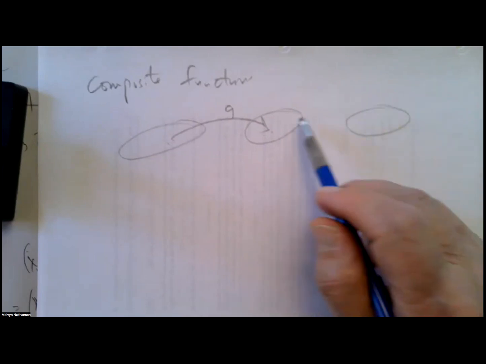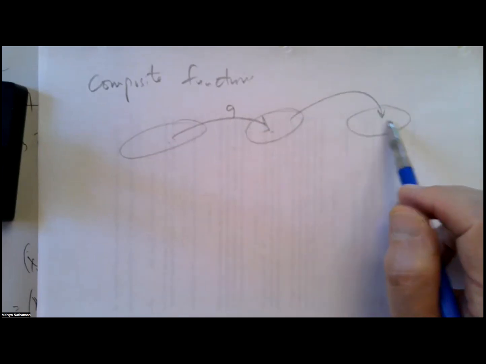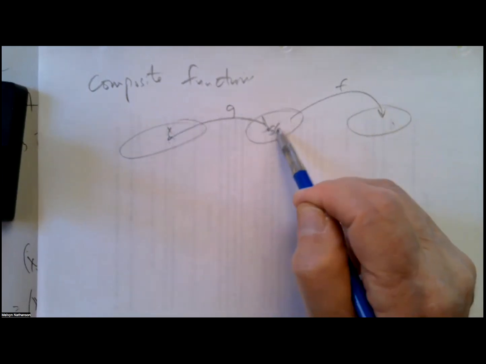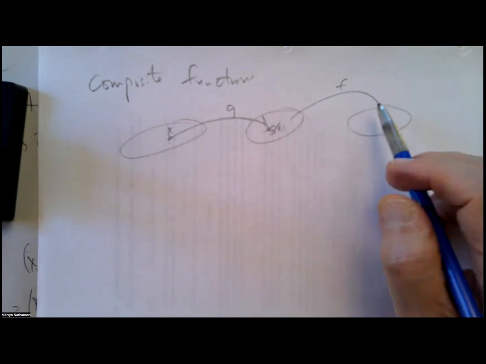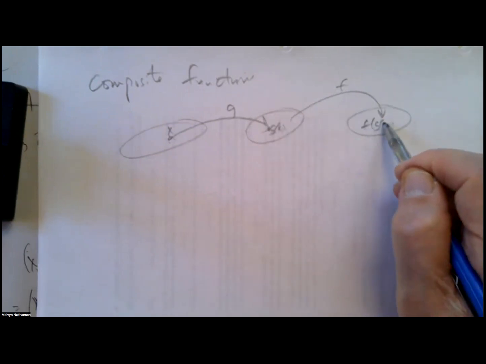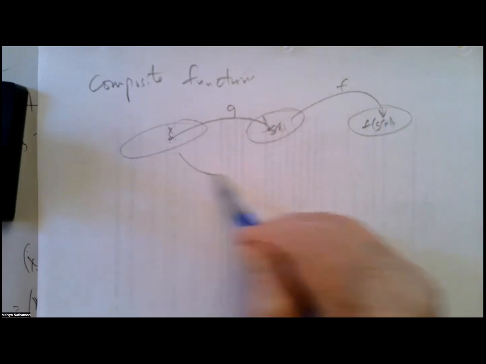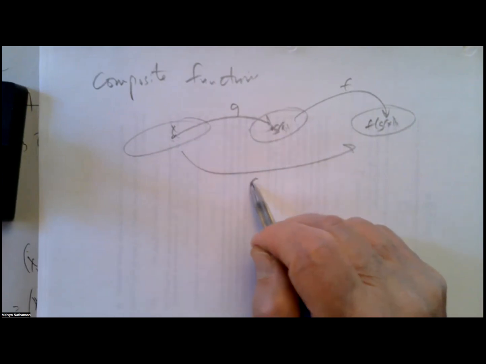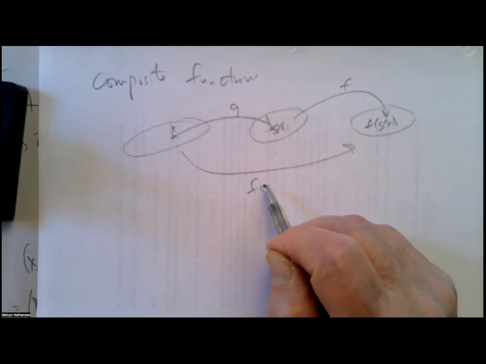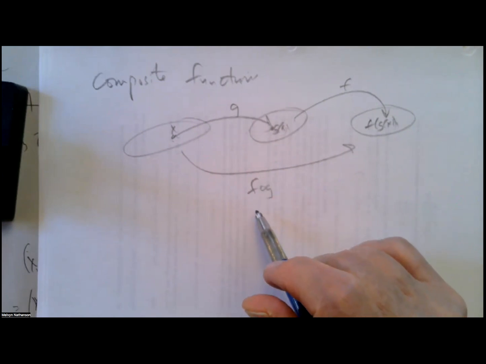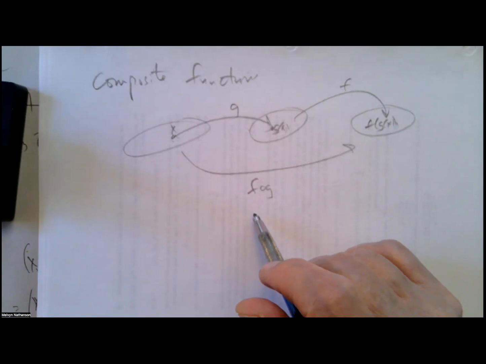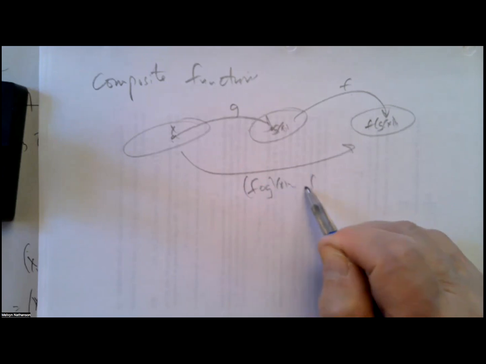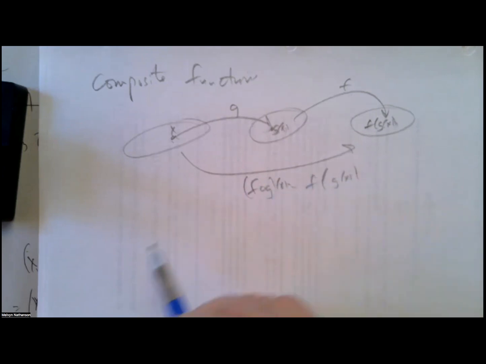And then you have a second function f that goes from here to here. So if you take a point x, this gets sent to the point g of x, and then g of x is sent by f to f of g of x. So this function you get by doing one function followed by the other, we write as f circle g. That means this is composition. That's what this notation means. But so f circle g of x, this means f of g of x.